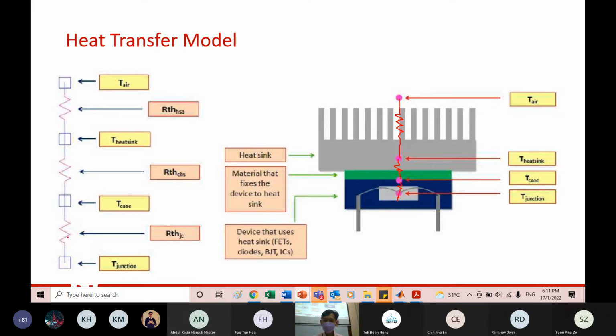In between the point here and the point here, this is the air, and this point is a heat sink. The heat sink connects to the transistor case, the metal case, and the case is connected to the die, the junction. So this is another way of representing it.